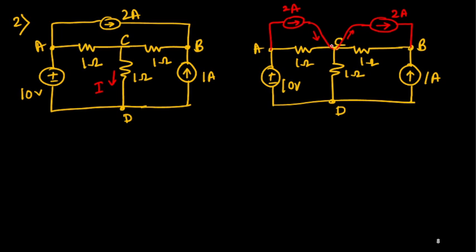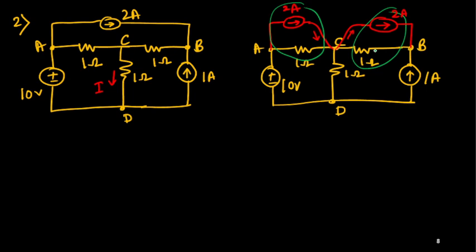Finite 2 ampere current is coming here and 2 ampere is leaving here, so identically it is not disturbed. But what is the advantage? The advantage is that right now I can convert this current source with resistance to a voltage source with resistance. This is again a current source with resistance, and I can convert it to a voltage source with resistance. That thing I can do, and we can simplify it and solve it.